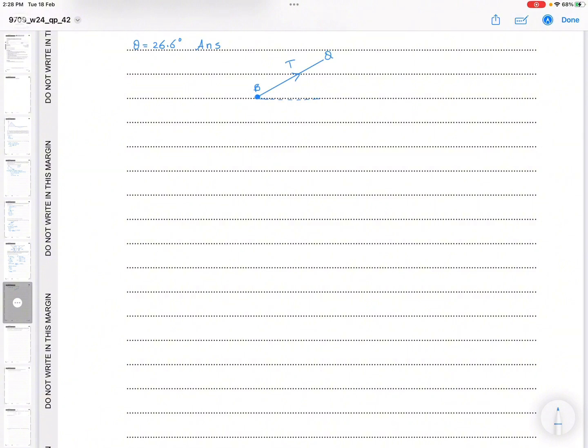So this is our theta here, and this was the tension in B, which we already found out as 2, and our weight was downward, which was 0.1 g, which is equal to 1. So if I extend this line and make a right triangle, my theta is here, and this is my 2, and this is my 1.